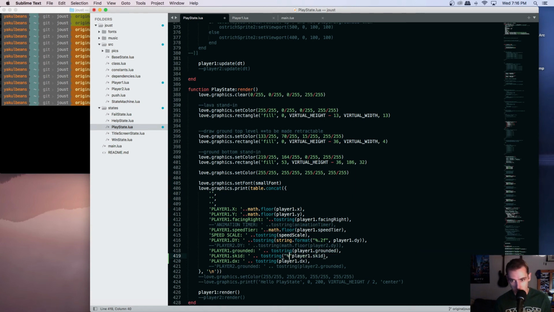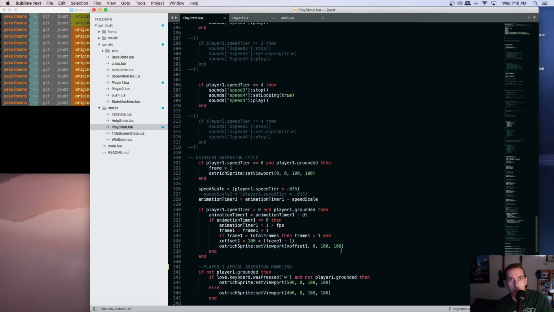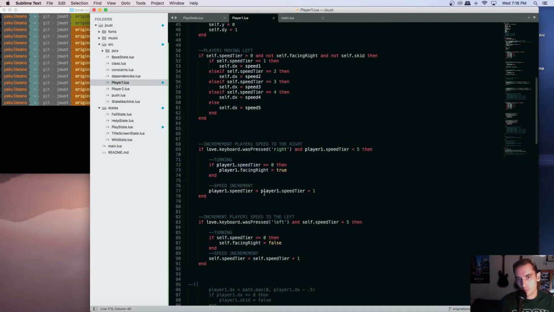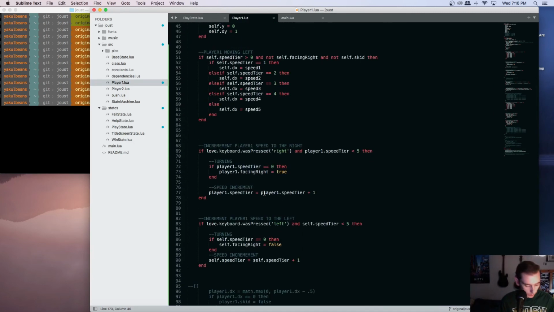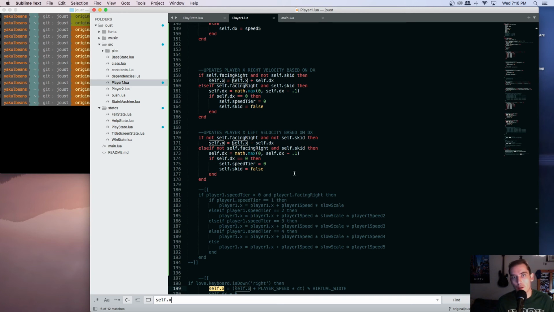So here, instead of that huge number that skid is printing out, I'm just going to print out to decimal point 2 places for that skid. But what we need to do is find where we're updating the player's X position. Self.x.